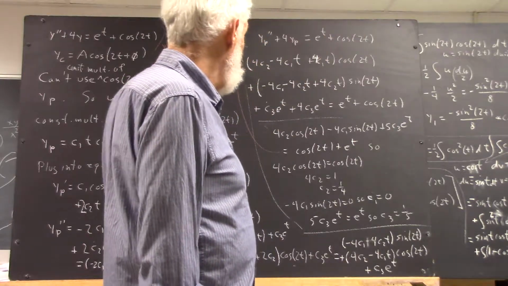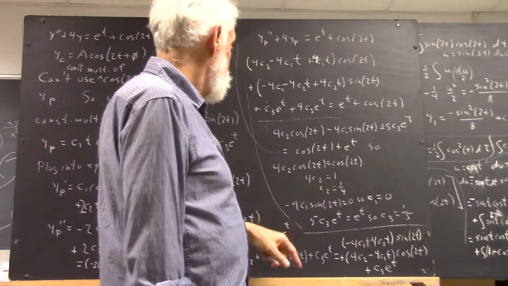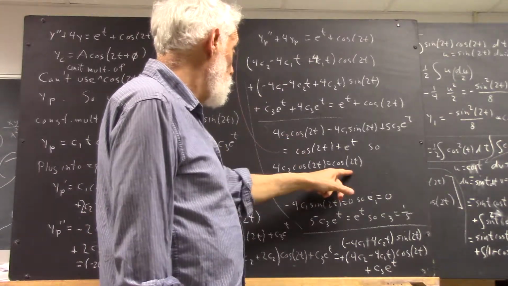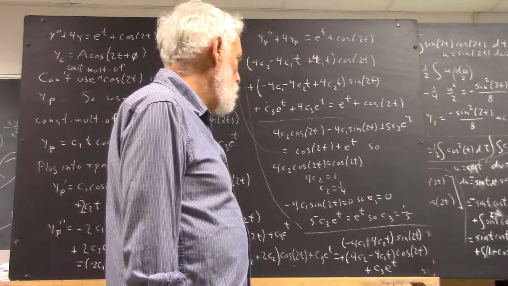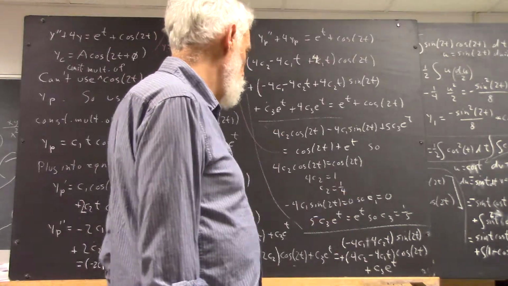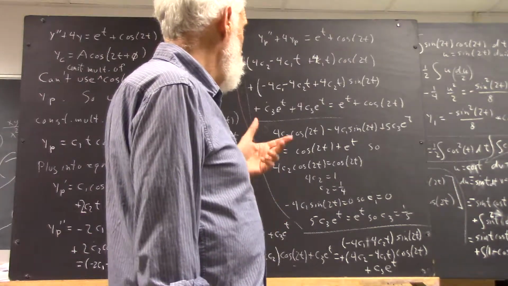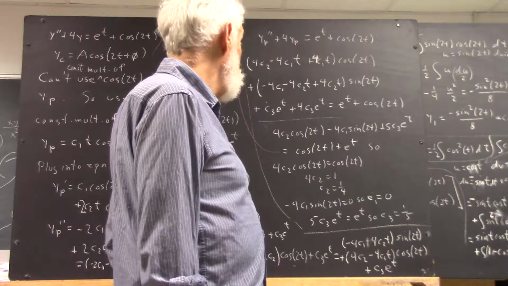So we only end up with our 4c2 times cosine of 2t here, and that's got to equal the cosine of 2t. So 4c2 has to equal 1, c2 is 1/4.